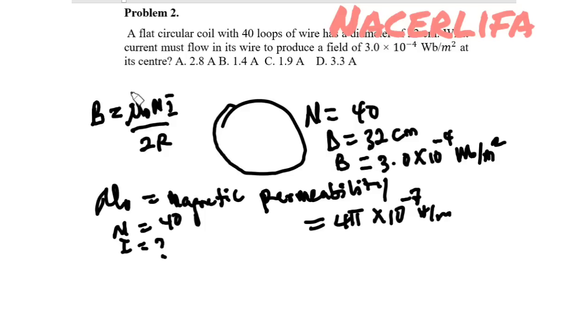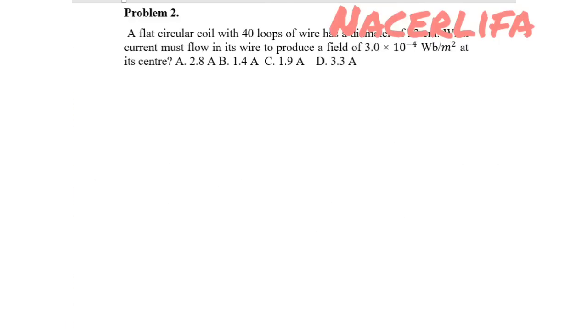So how did we come about this formula? This formula came as a result of the expression from the Biot-Savart relation for a current loop or a circular current loop. Let's see if we can quickly prove this. So to prove this, let us see this as a circular loop in which current is flowing.